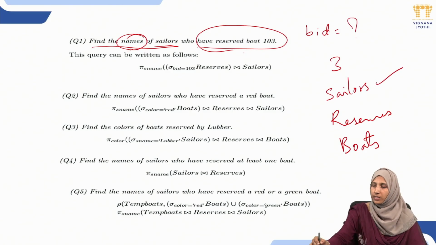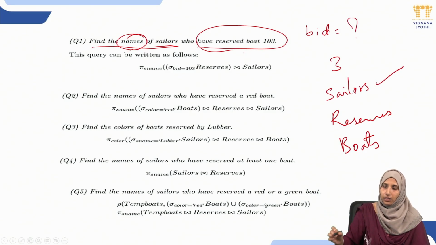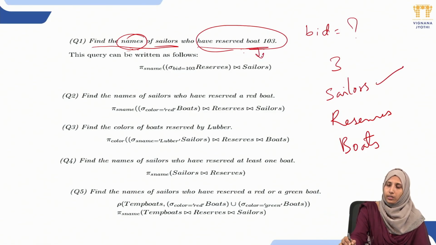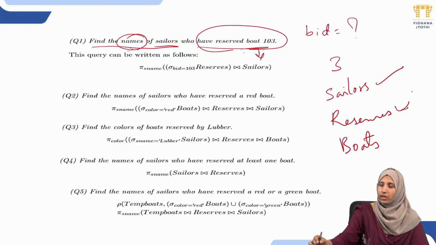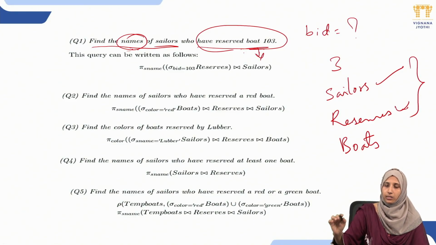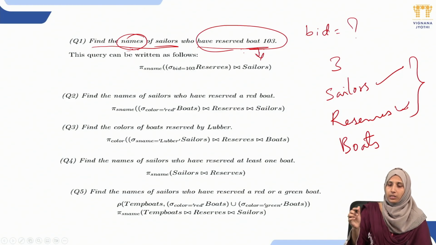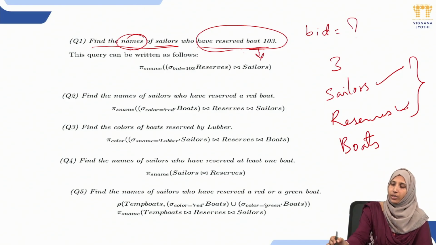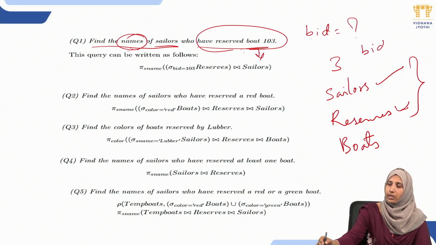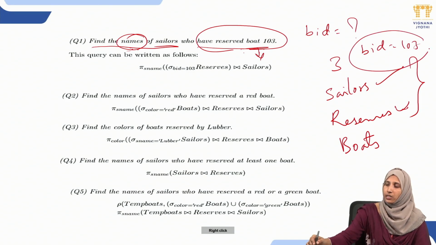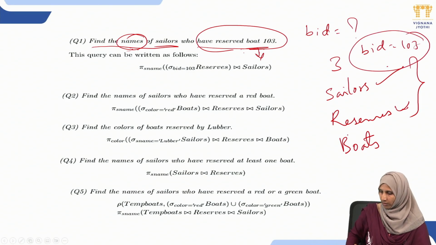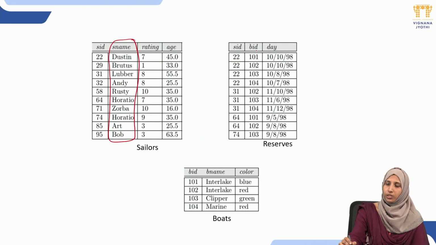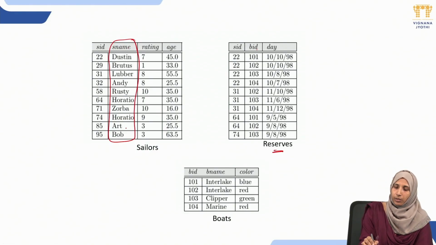That name is present in my sailors table, but the boat number detail is present in my reserves table. So I need two tables, sailors and reserves. The condition BID equal to 103 I have to apply on the reserves table. Why? Because the BID column is present in my reserves table and the name column is present in my sailors table.